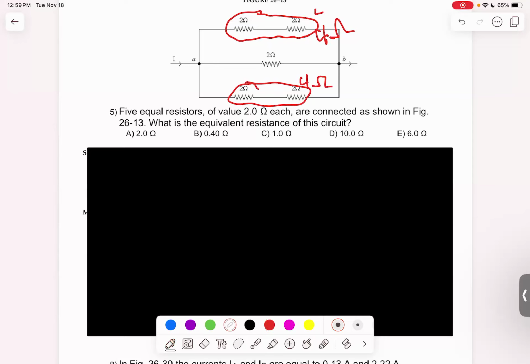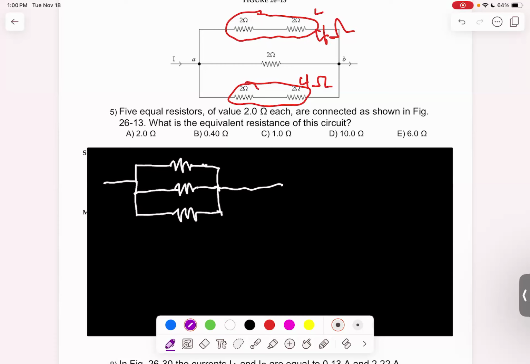And so our first setup is going to look like a 4 ohm resistor here, a 2 ohm resistor here, and another 4 ohm resistor here. So we simply combined the top two resistors into the schematic that I have here. So let's label those.